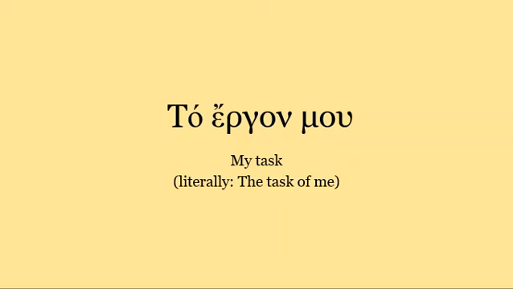Now, we're not actually using a possessive adjective like my or mine, but that is what it means anyway, because we are employing the genitive of possession. There actually is a possessive adjective in Koine Greek, but it's quite uncommon compared to this simple, nice little usage of the genitive of possession.